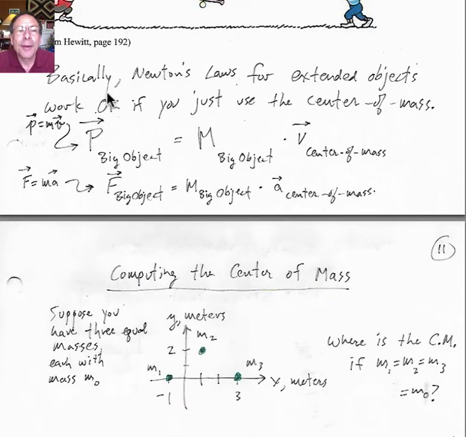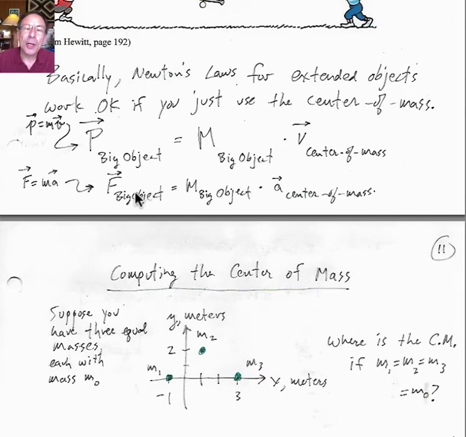So basically Newton's laws for big, complicated objects work okay if you just use the center of mass of those objects. So Newton's second law: for just a particle, we would say F equals ma.